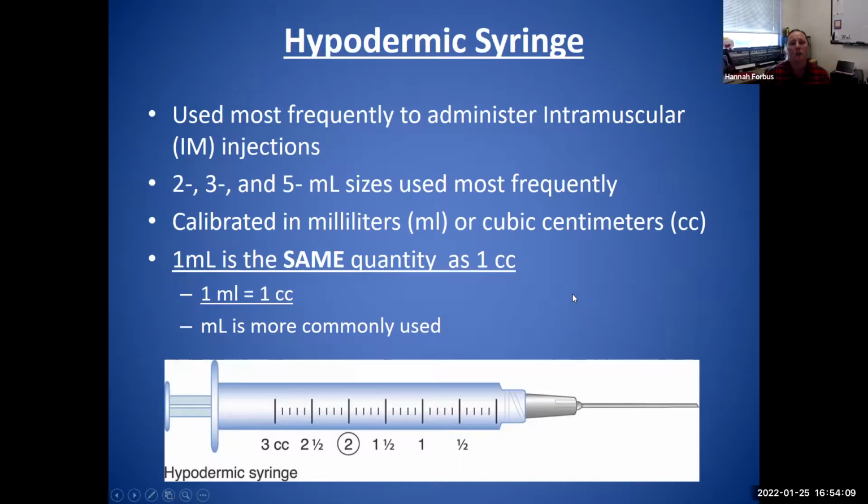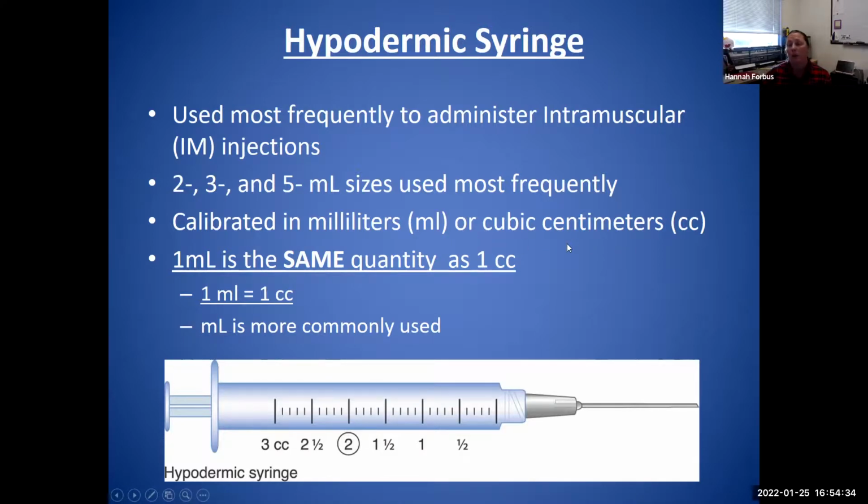Okay, so the hypodermic syringes, these are used most often to administer IM injections, intramuscular. Typically the barrel will hold 2 mLs, 3 mLs, or 5 mLs. You'll also see it calibrated in cc, which is cubic centimeters.